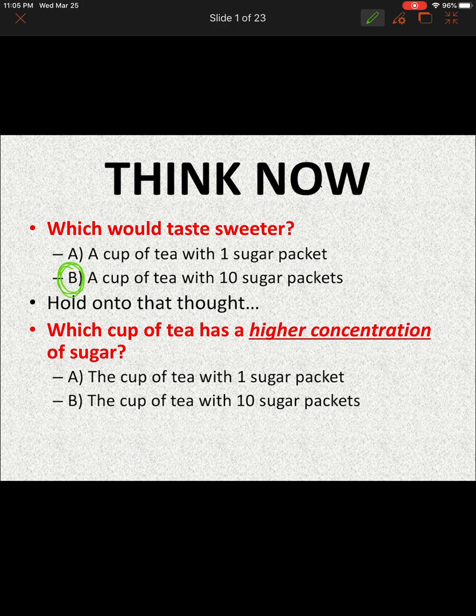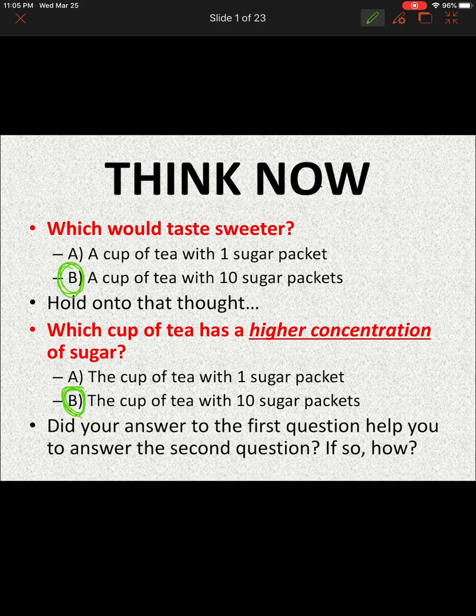You know that it's certainly going to be sweeter if you have 10 sugar packets in your cup. And if you have more sugar in the tea, the concentration of sugar is also going to be higher.